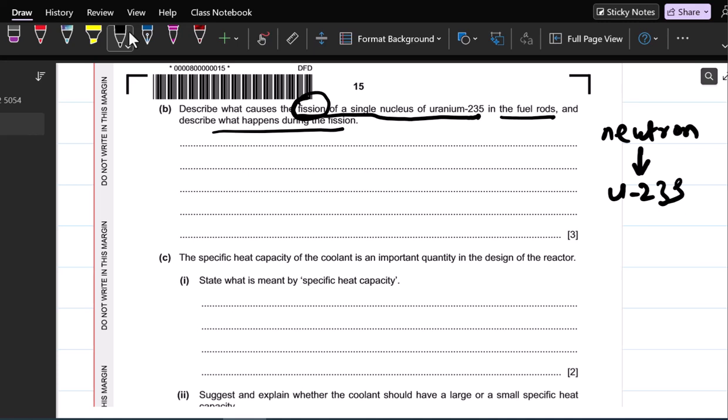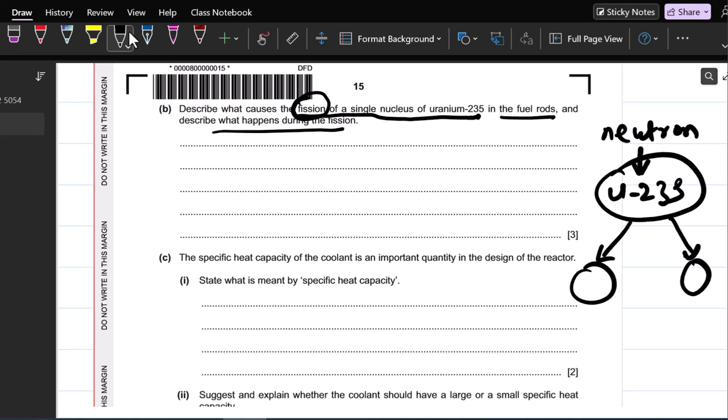What happens? It splits into two smaller daughter nuclei, and during this further neutrons are going to be released, or you can say more neutrons are emitted, and energy is going to be emitted as well. So we have to write about this.